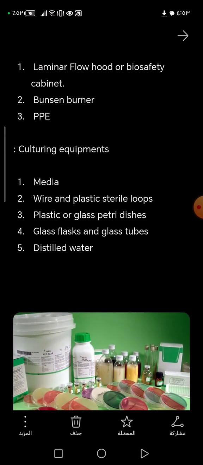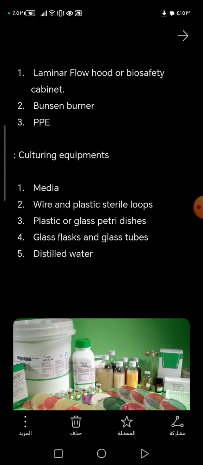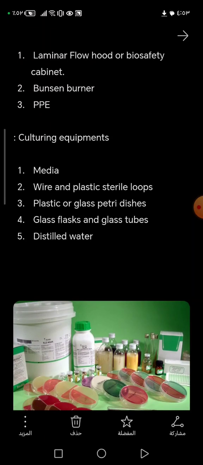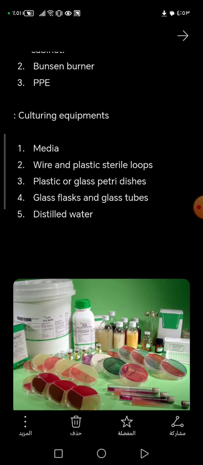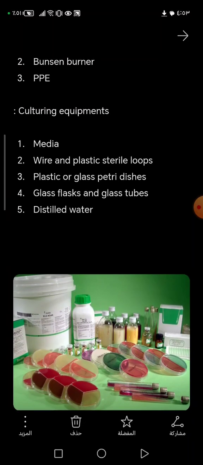Bunsen burner, as I said, is even a safety equipment that's needed. It's used to sterilize wire loops, okay? PPE, personal protective equipment. PPE, such as gloves, masks, face shields, those are PPE, okay? Culturing equipments, which are very important. We have media.